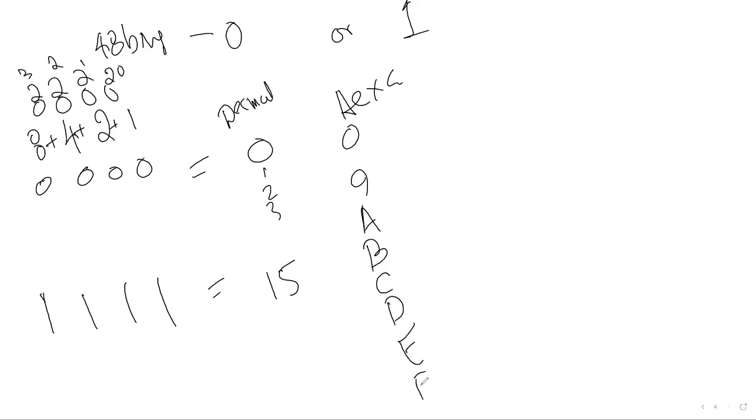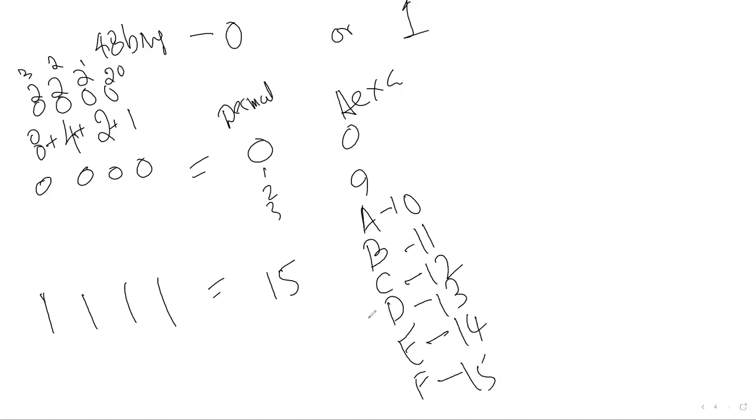When I say 15, this is the decimal value. In hexa, it starts from 0 to 9, then A to F, that is A, B, C, D, E, F. So after 9, A is 10, B 11, C 12, D 13, E 14, and F 15.